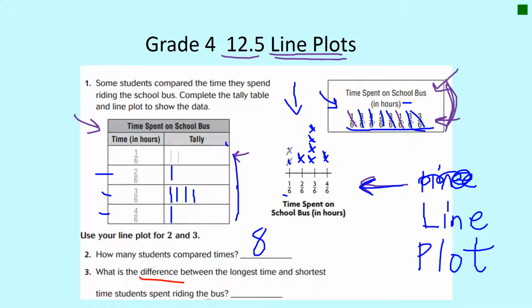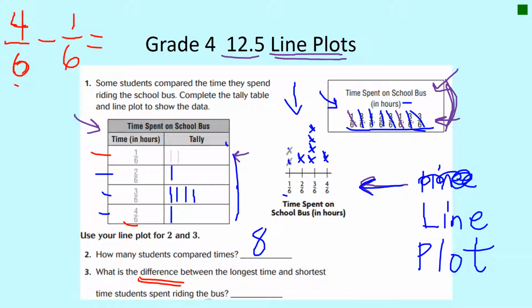The answer to subtraction is the difference. What's the longest time? It's 4/6. We have to find the difference between the longest and the shortest, which is 1/6. So 4/6 minus 1/6.